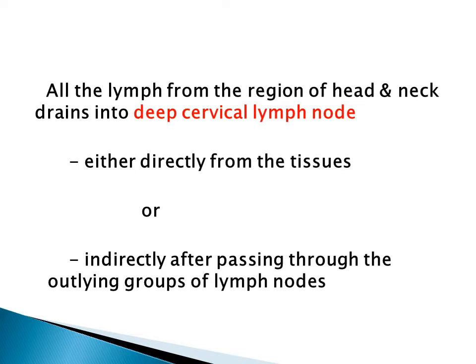Or what can happen is the lymph can pass into one of the superficial or the outlying group of lymph nodes, and from the superficial group of lymph nodes they can drain into the deep cervical lymph nodes. So ultimately what happens is all the lymph has to end up in the deep cervical lymph node. That is the essence of it. So either directly or indirectly, all the lymph from the region of the head and neck has to end up in the deep cervical lymph node.